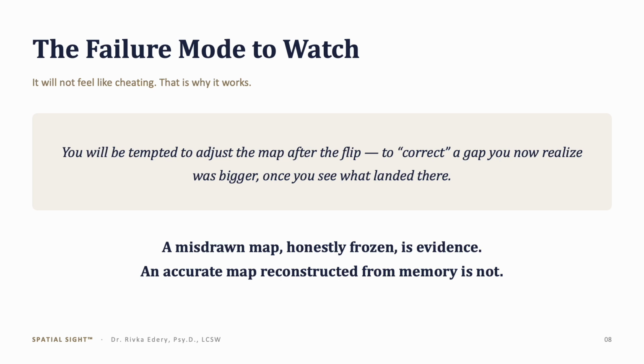It tells you what you actually perceived before you knew the answer. A map that has been quietly improved after the fact tells you nothing at all, because you can no longer distinguish what you saw from what you learned. Its accuracy is worthless because its independence is gone. You're not being asked to draw a perfect map. You're being asked to draw an honest one.